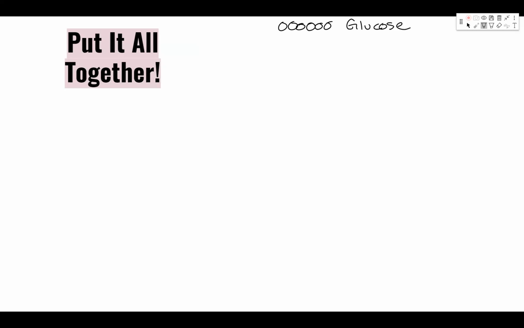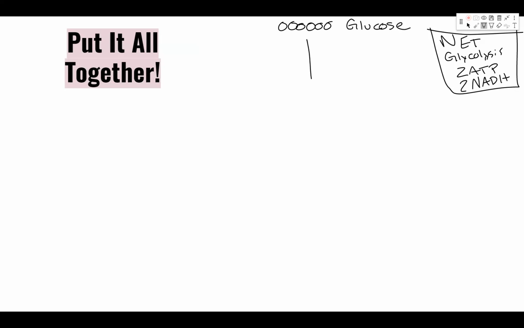Our net glycolysis, remember, was 2 ATP, 2 NADH. We're going to keep track of our energy sources this time. Remember?